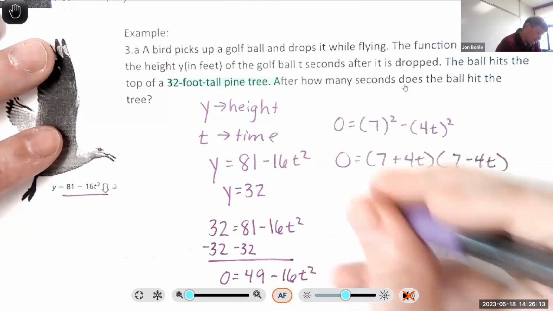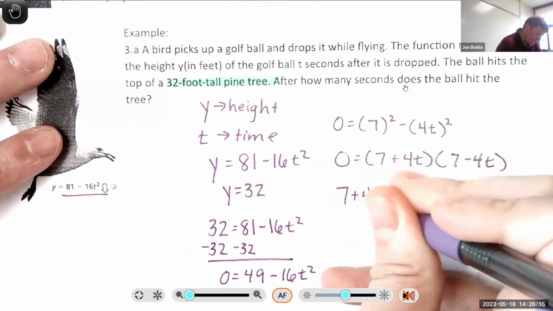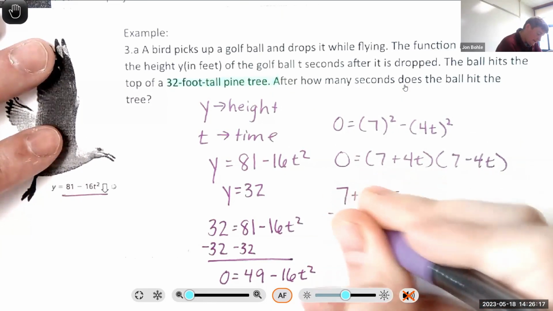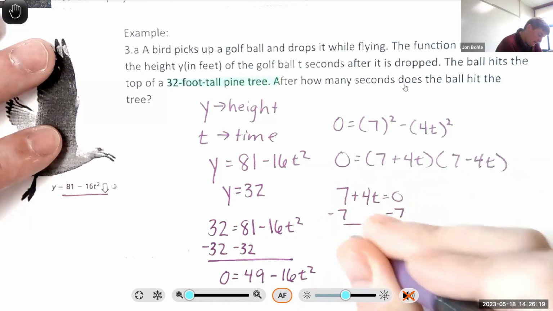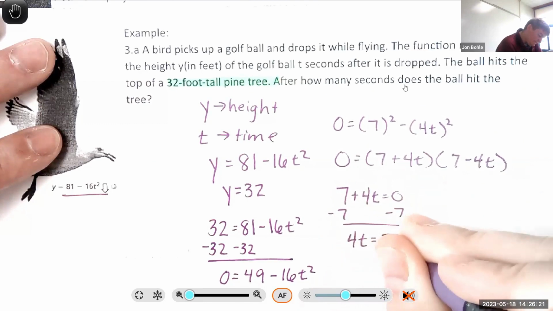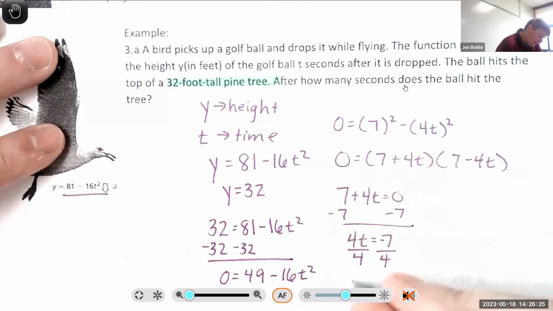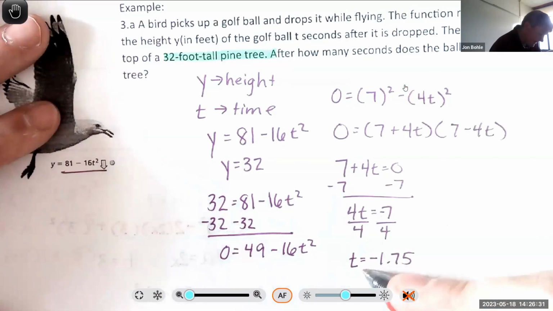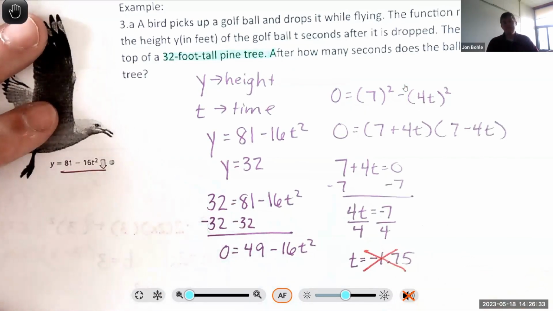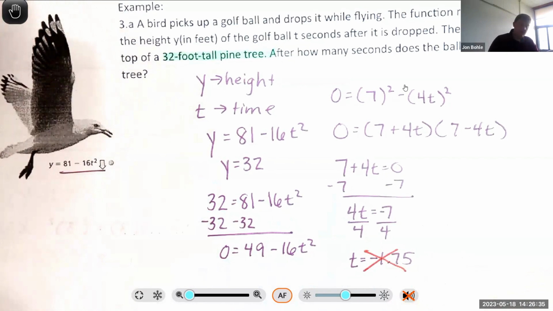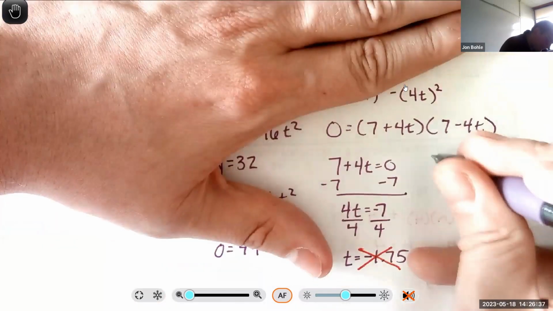So I would set each of these equal to 0 using the zero product property. Minus 7. Divide by 4. So this is negative 1.75. Okay, and this is not going to be our answer because we're not going to have a negative time. So what I'm going to do is do the other one.